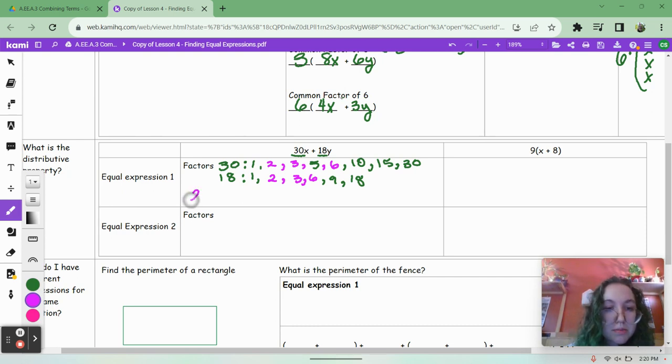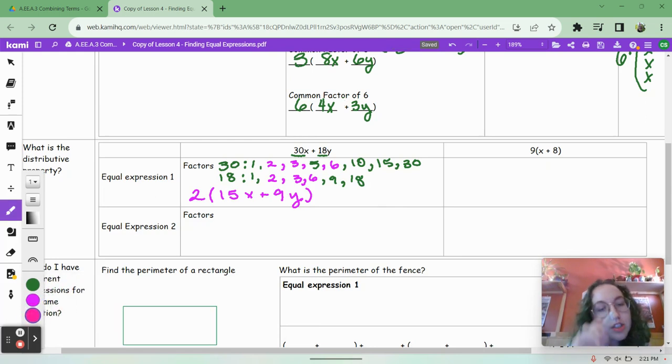We can start by taking out a 2. When I take out a 2, 30 divided by 2 is 15, so we end up with 15x plus 18 divided by 2, that's 9y. So that's one equivalent expression.